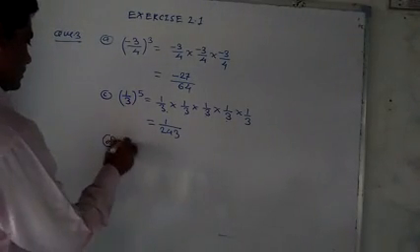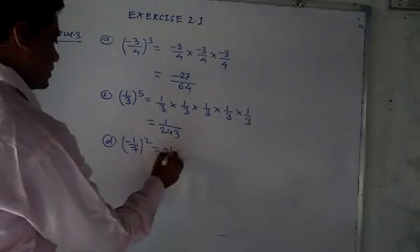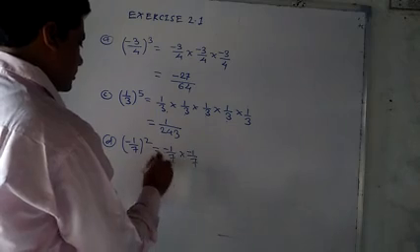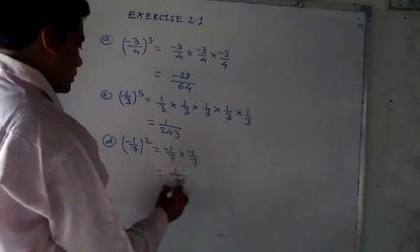Now B, minus 1 by 7 whole square means minus 1 by 7 into minus 1 by 7, means minus into minus is plus 1 upon 7 7s are 49.